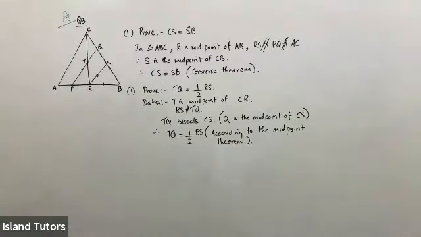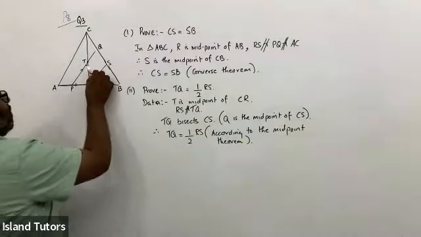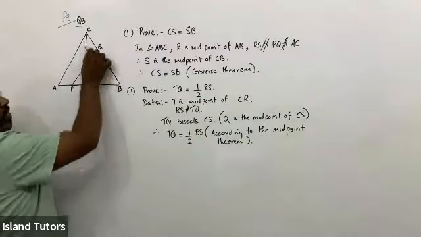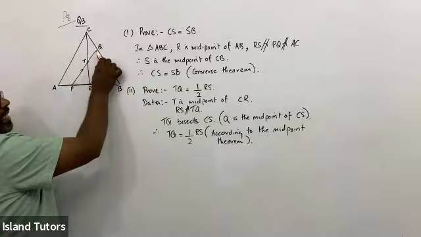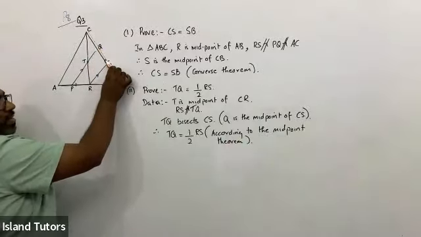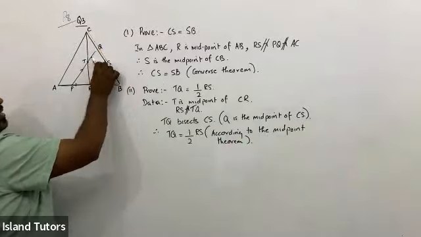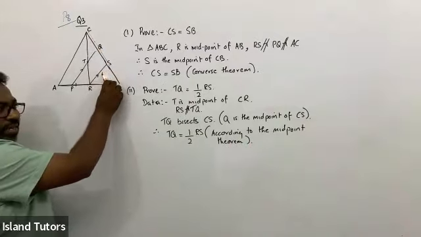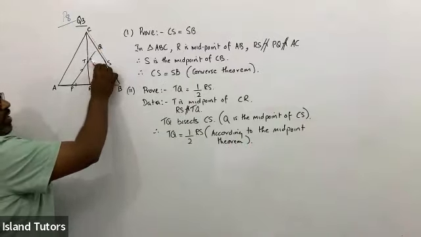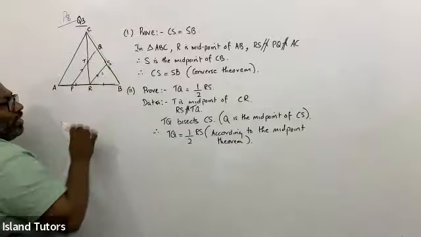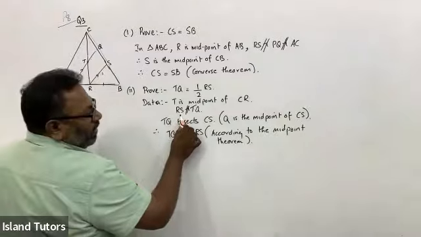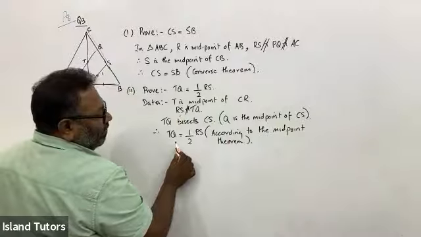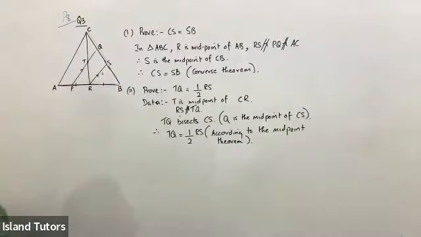According to the midpoint theorem, when you have a line going through the midpoint of one side and it bisects the second side, then it is half of the length of the third side. And we also know TQ is parallel to RS. So therefore, TQ is equal to half RS. Okay. That is question number 2.